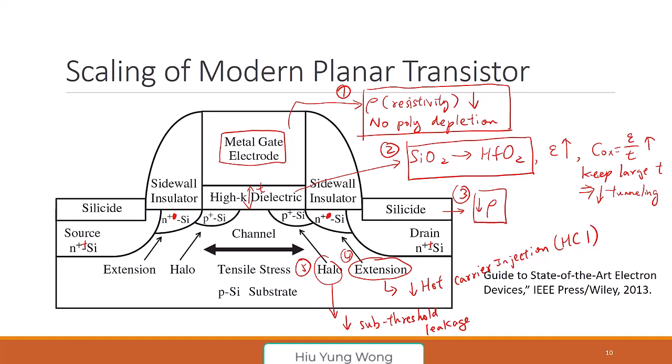They also deposit the hafnium dioxide in the same way. I don't cover this in this class, but I think it's important you should know if you say you know advanced devices. Gate last process is like this.